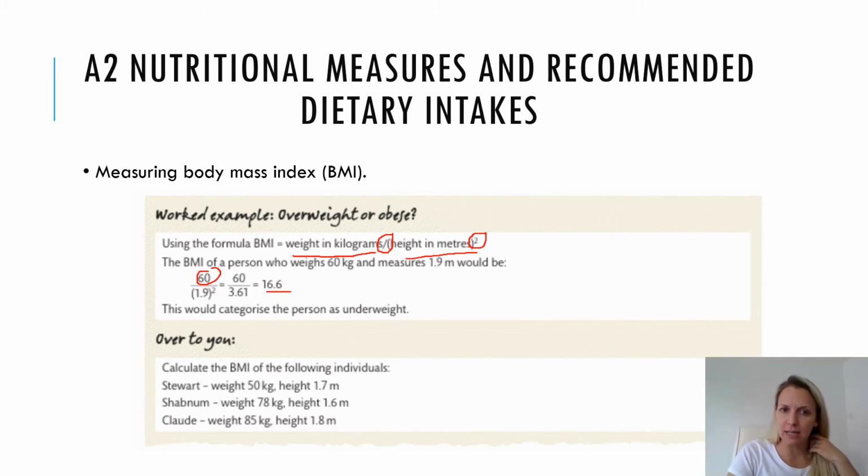So whatever their weight is, for example, for Stuart, it would be 50 divided by his height squared. So you'll take 1.7 and square it. So 1.7 times 1.7. And then you'll get your answer. What is Stuart's BMI? And then you're going to see, is he underweight? Is he overweight? And you can do that for Shabnam and Claude as well.